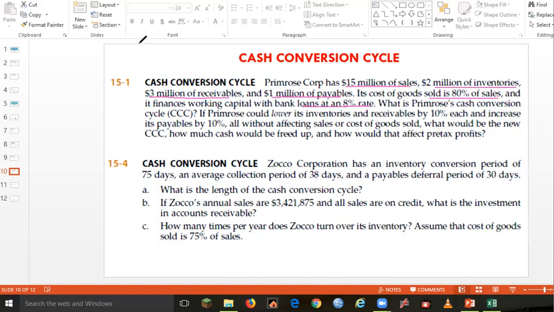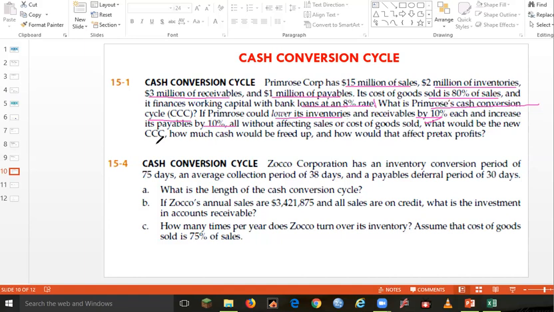So the first requirement is, what is Primrose's cash conversion cycle? This is the first requirement. The second requirement is, if Primrose could lower its inventories and receivables by 10% each and increase payables by 10%, all without affecting sales or cost of goods sold, what would be the new cash conversion cycle?